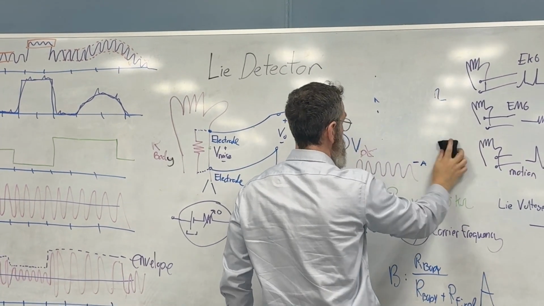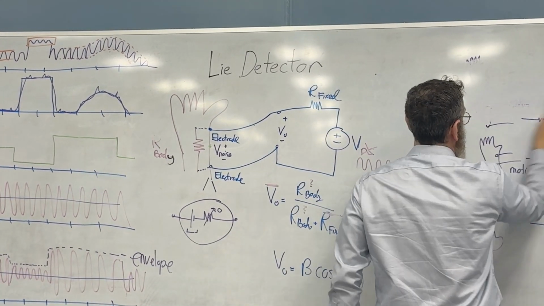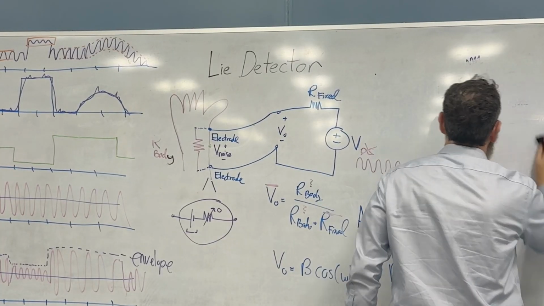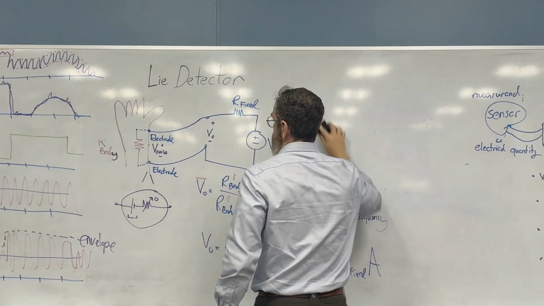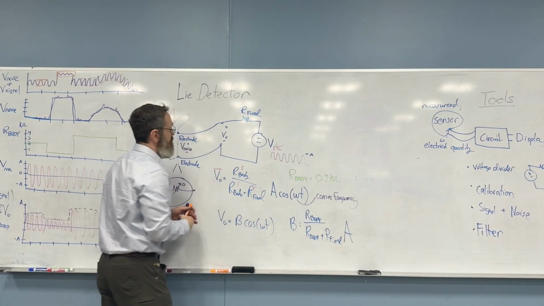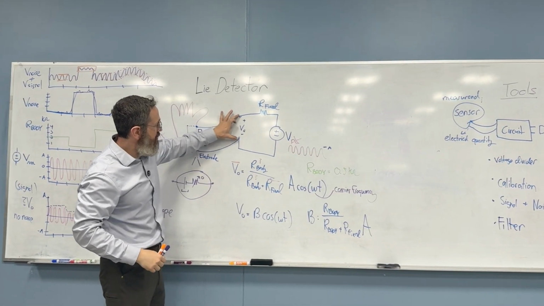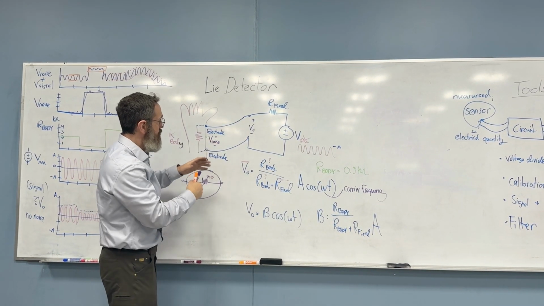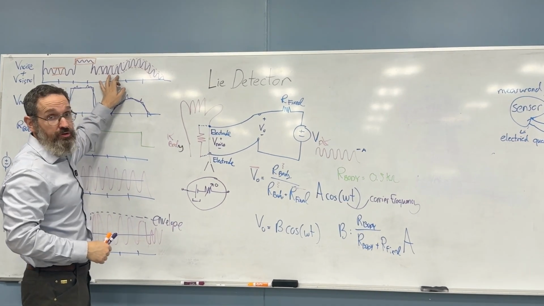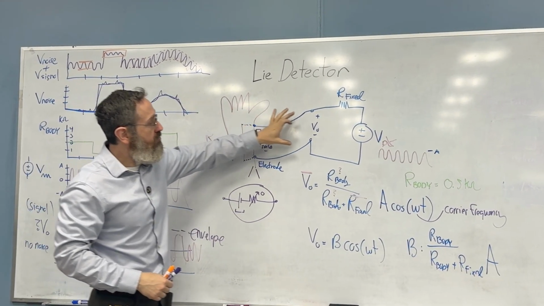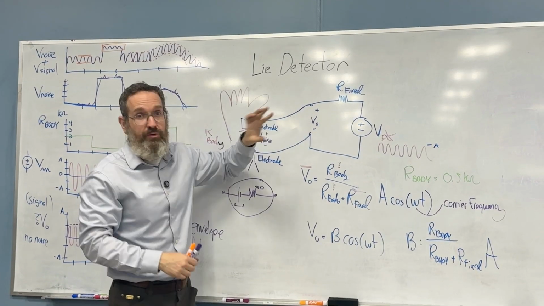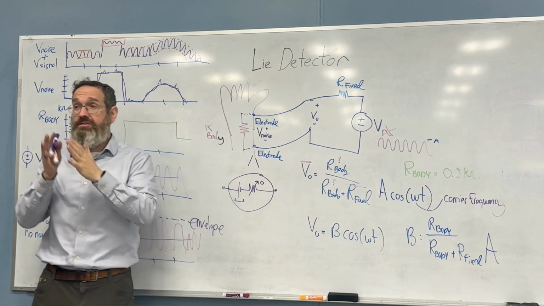Let's see if I can use this image here. I have a voltage here. This voltage now is this voltage, and I want to take this voltage and just let through the wiggle.